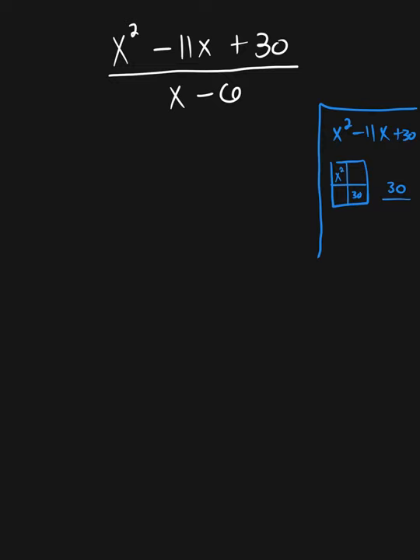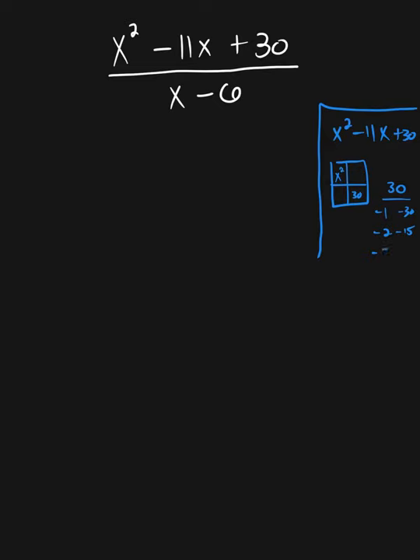We can try negative. Well, we need to start with negative numbers. So I'm going to start with negative 1 and negative 30. Well, no, that doesn't add up to negative 11. Negative 2 and negative 15. No, that doesn't add up to negative 11.